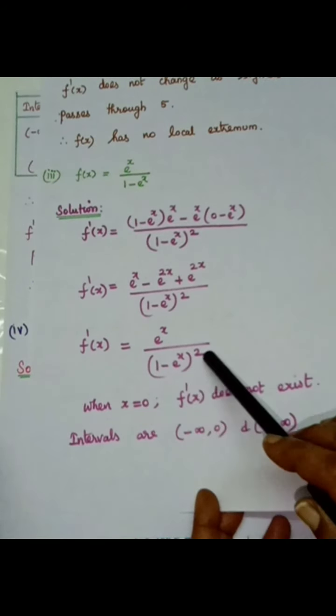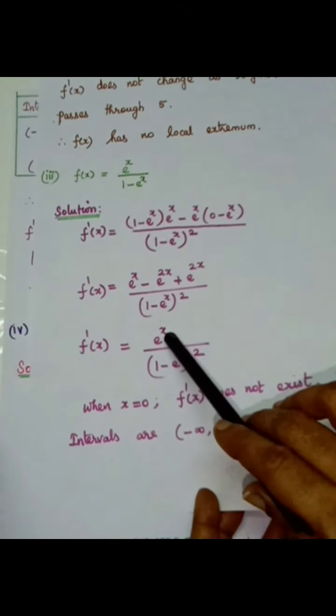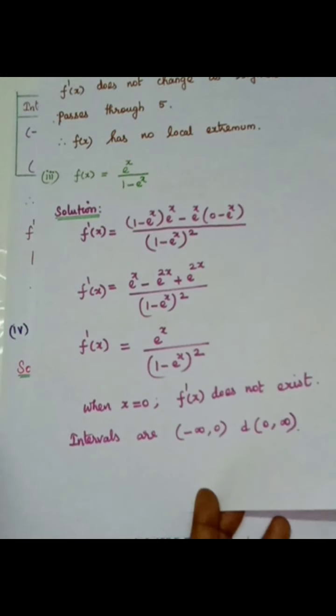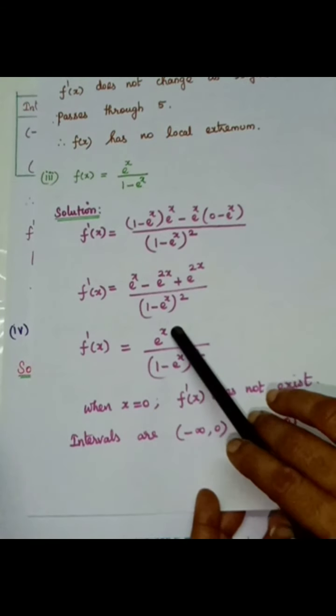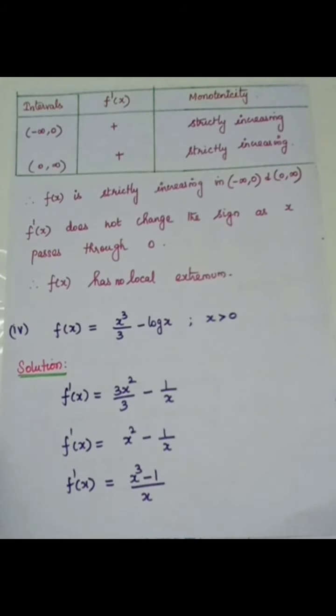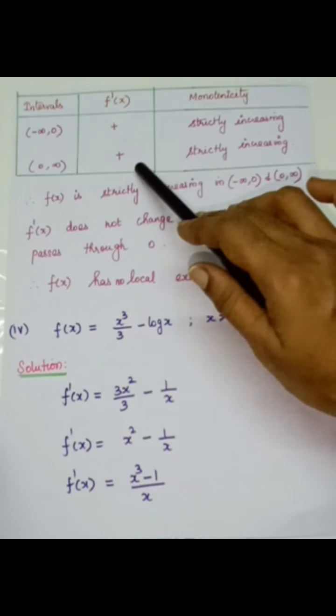Whatever you are substituting, its square is there, so it is positive. And whether x is positive or negative, e power x will not be negative. So e power x is positive when x is negative or positive. So therefore whatever x value, positive or negative, the sign of f dash of x is positive.